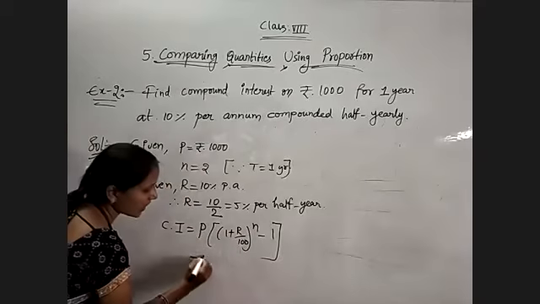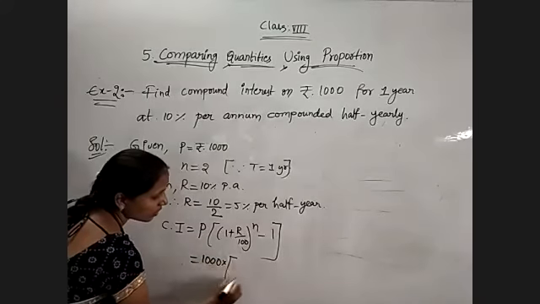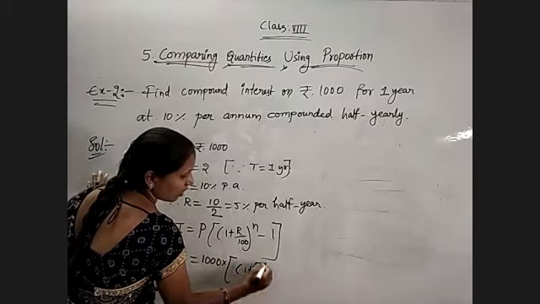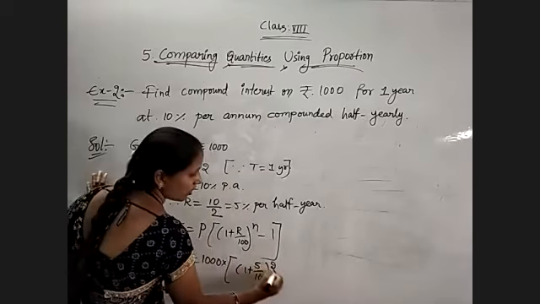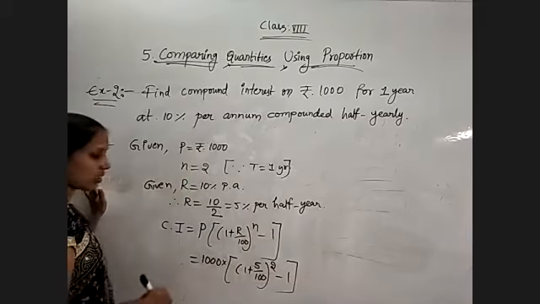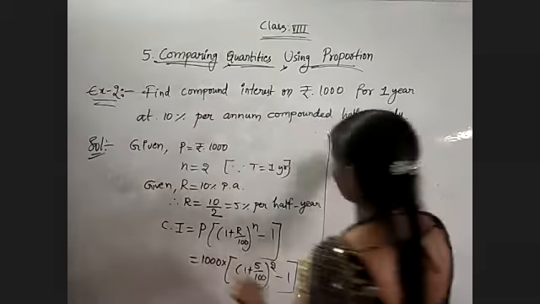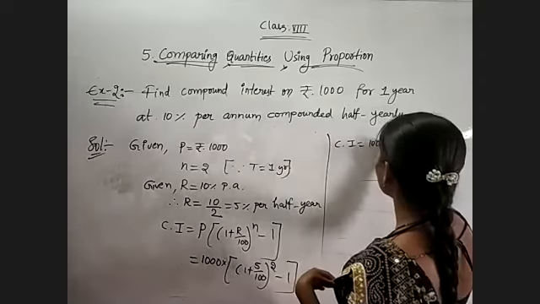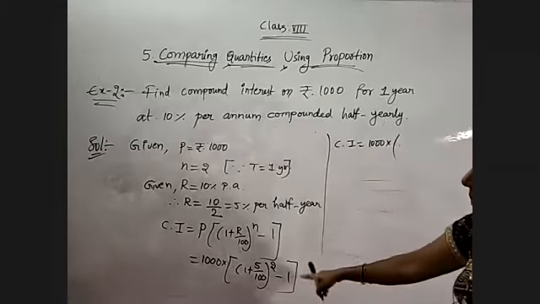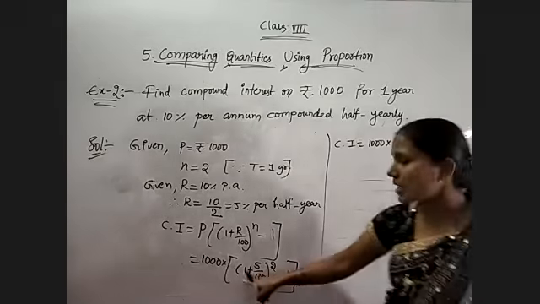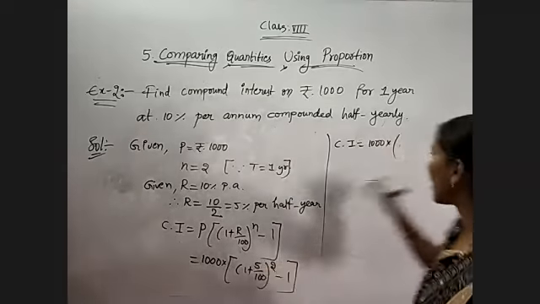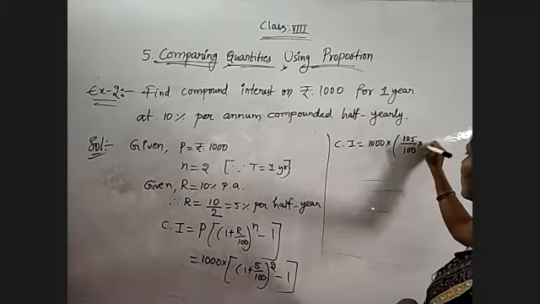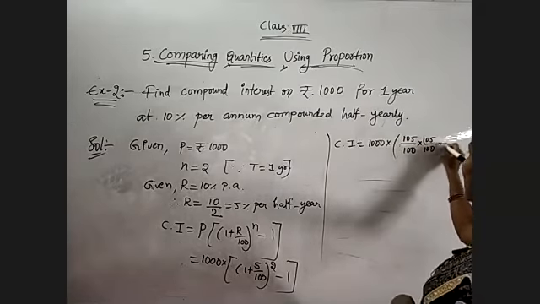P is 1000 rupees into 1 plus R value 5 by 100 whole to the power of n equal to 2 minus 1. That's all. So compound interest is equal to 1000 into 1 plus 5 by 100, that is 100 ones are 100, 100 plus 5 is 105. So 105 by 100 we will get, and 2 times: 105 by 100 into 105 by 100 minus 1.